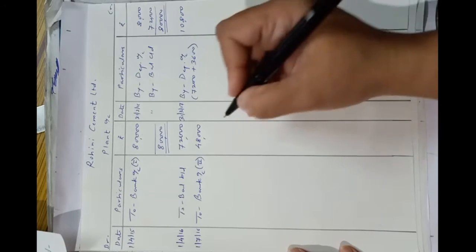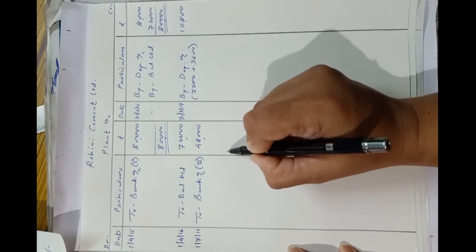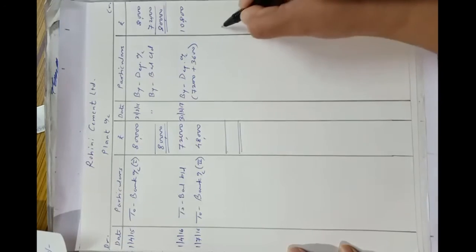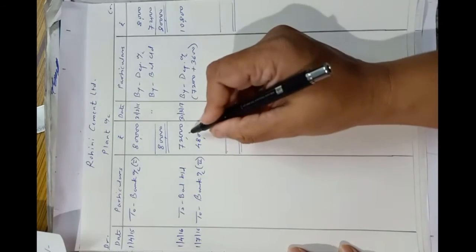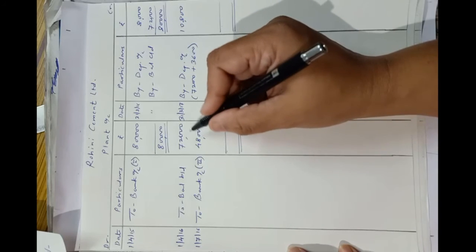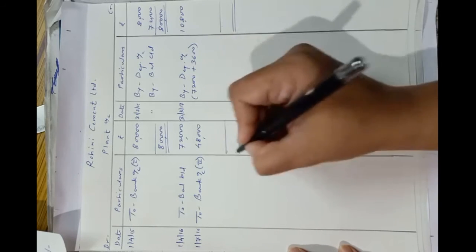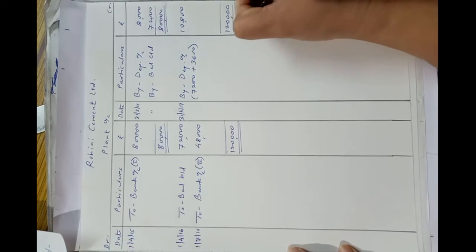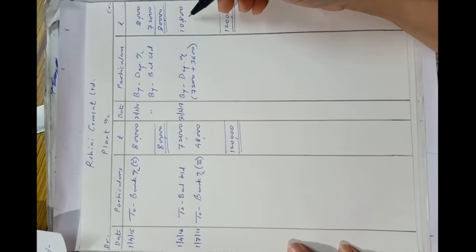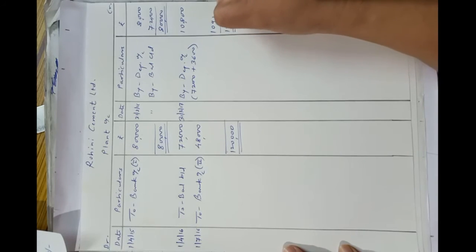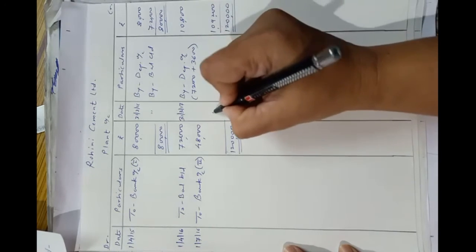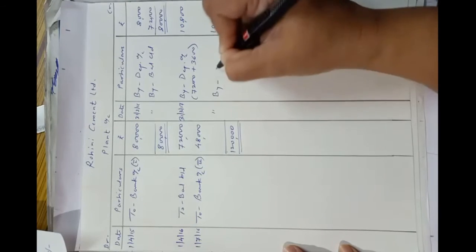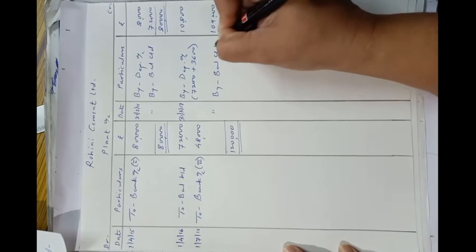Understood? Now we will tally the account for this year, because this year no sale has taken place. 72,000 plus 48,000 will be 1,20,000. 1,20,000 minus 10,800, so it will be 1,09,200, on 31st March 17 by balance carried down.